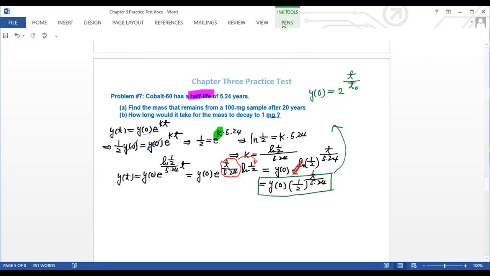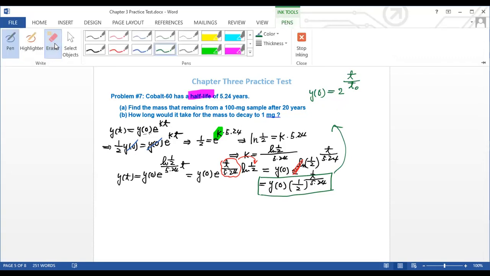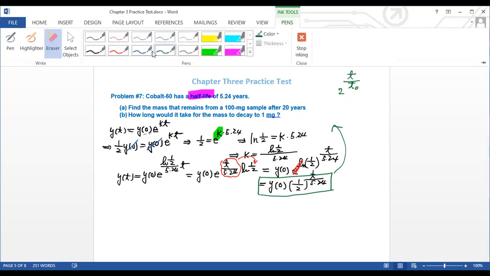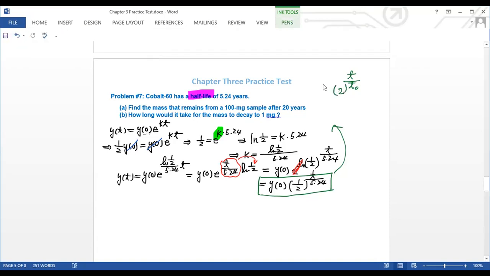So it's y0 times 1/2 to the t over the half-life, where y0 is the initial value. You can just directly use this formula, or you can derive it. This is our formula for the half-life.